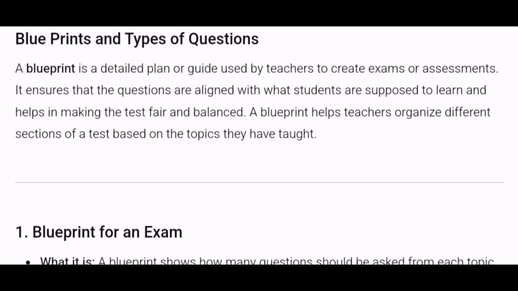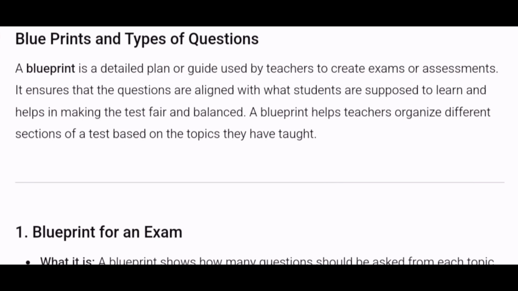So my dear friends, today we are going to learn Unit 7, Blueprint and different types of questions. What is that? Blueprint and different types of questions. Now what is a blueprint? A blueprint is a detailed plan or guide used by teachers to create exams or assessment.